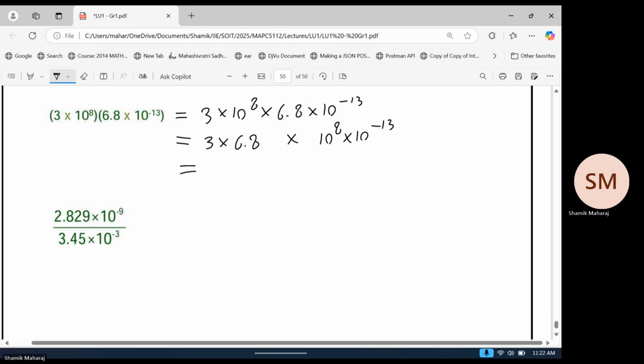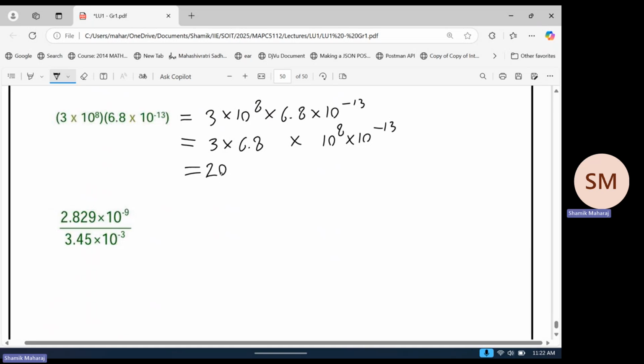Then 20.4 times 10 to the power 8 minus 13, so that is 20.4 times 10 to the minus 5.